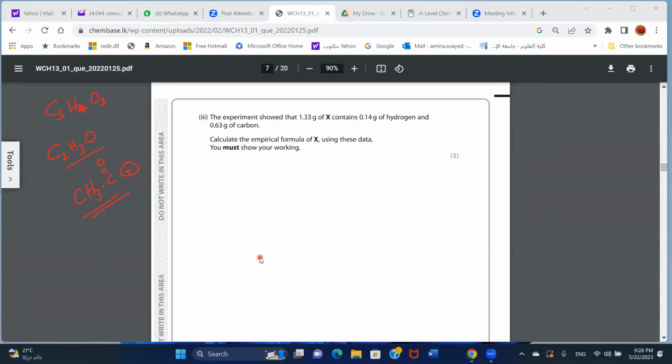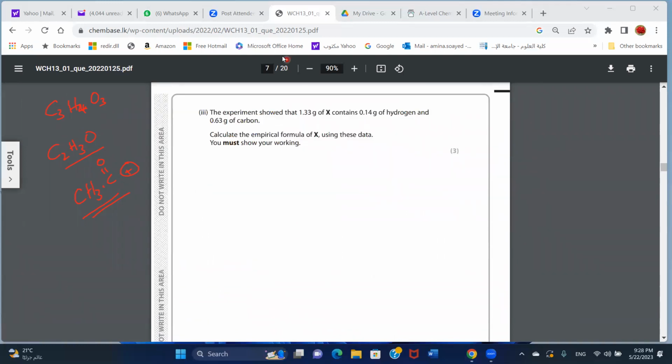From the empirical formula of X, what did we get? You were the one that did it. What was the empirical formula here? I think we multiplied by 2, it was C3H8O. I forgot. Me too.